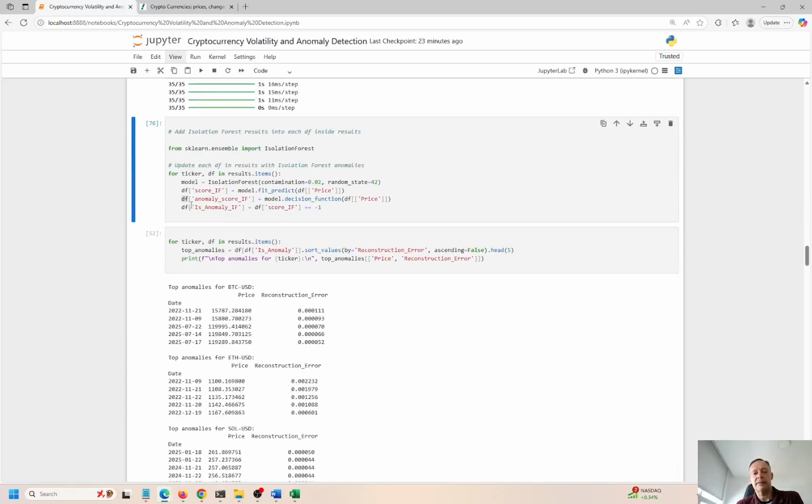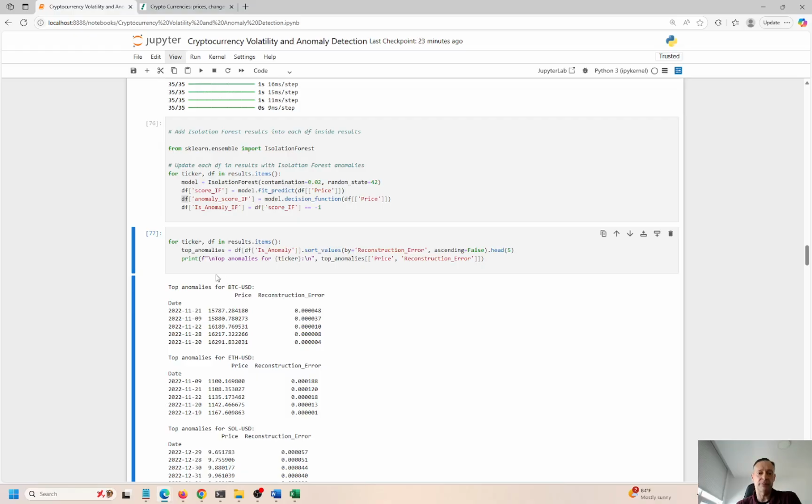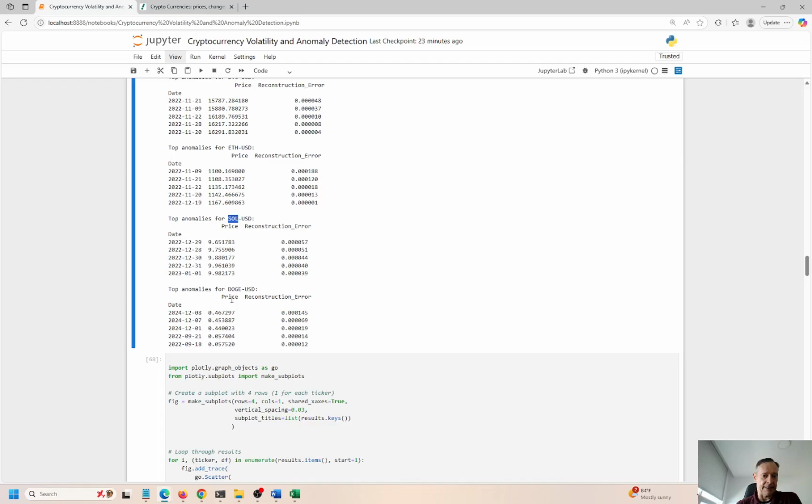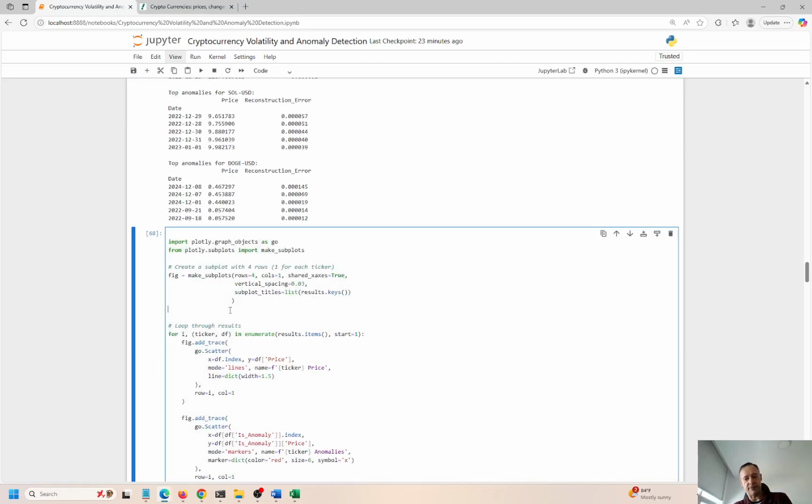I want those combined together, and then I can look at true anomalies, right? So I'm going to go ahead and print this right now. So I have reconstruction error for Bitcoin, for ETH, for SOL, and for Doge. Okay, so I have that, and I'm going to go ahead and plot the results.